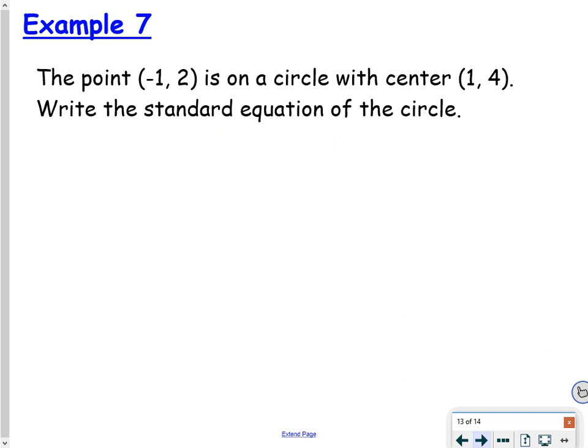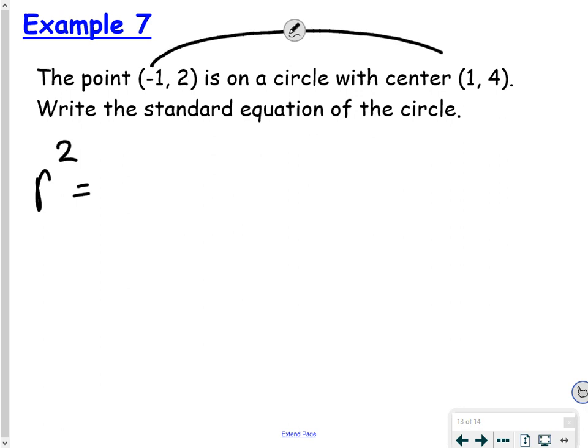And the last example, let's say now we don't have a picture. We can still think about finding the radius as just the difference between the x's and the difference between the y's. We don't really have to plug it into the Pythagorean theorem. All we have to know is the difference between those x coordinates. From -1 to 1, that's 2 units.